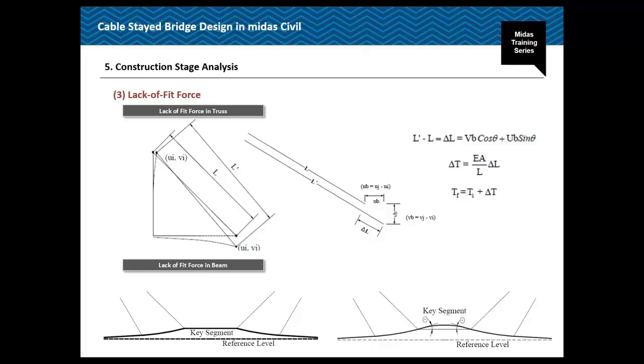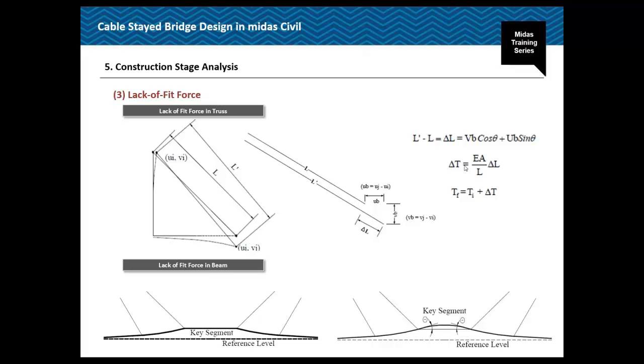And using the displacement at each cable, the program calculates the additional cable pretension, which is the delta T here. It is the difference between the cable length at the complete state and the cable length during the construction.